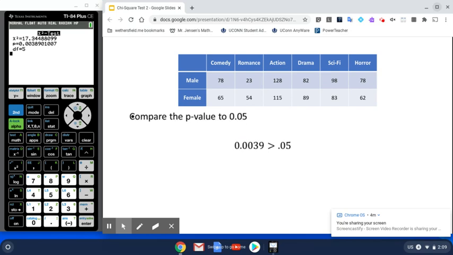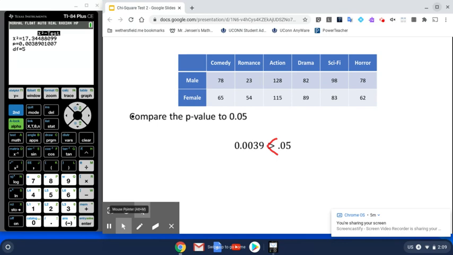What we found is we have a p-value of 0.0039, which is, I used the wrong sign. I accidentally wrote there that it is greater than 0.05. It's actually less than 0.05. So since 0.0039 is less than 0.05, we are going to say that the likelihood of getting these results is less than 0.05. The chances of getting these results is less than a 5% chance.